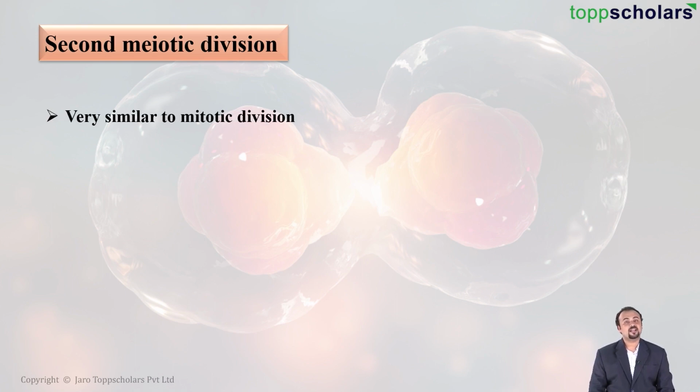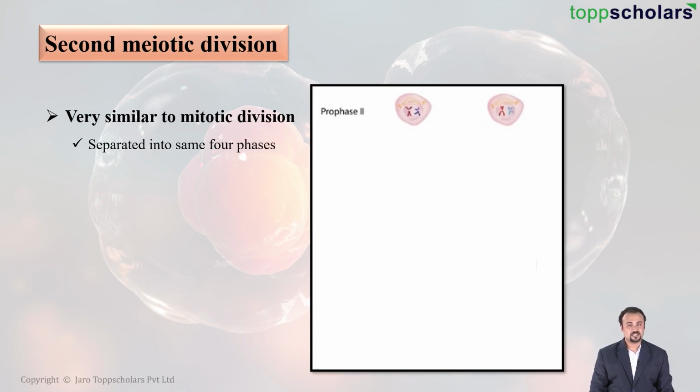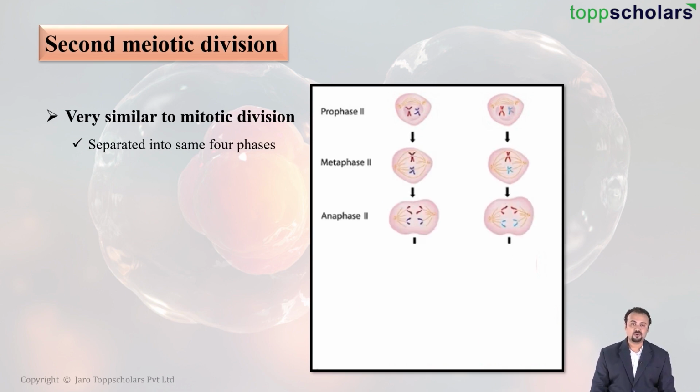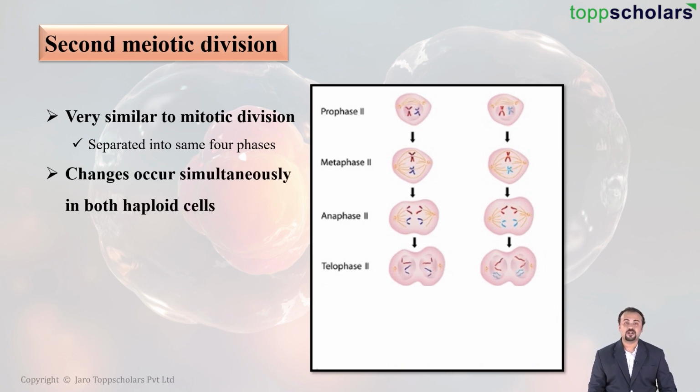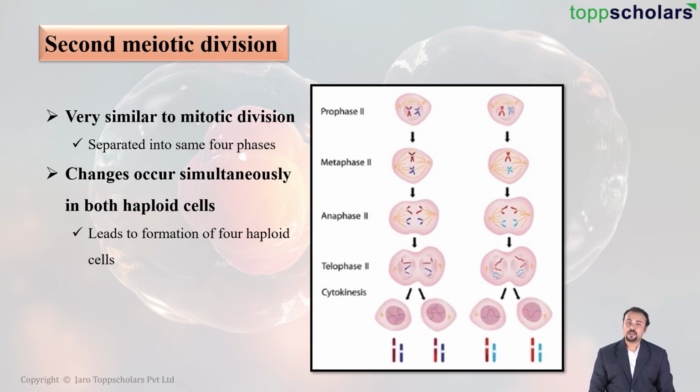In fact, it involves the same four phases, the very first of which, as you can see, is Prophase II, followed by Metaphase II, then comes Anaphase II, and finally we have Telophase II. One important point to remember here is that this particular division occurs in two haploid cells simultaneously, and at the end of Meiosis II, it leads to the formation of four haploid cells.